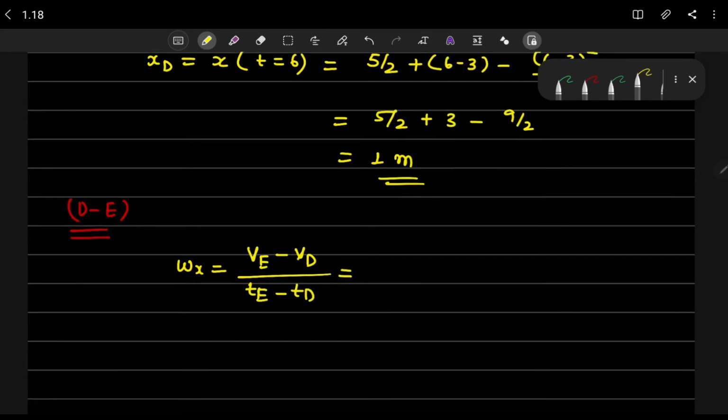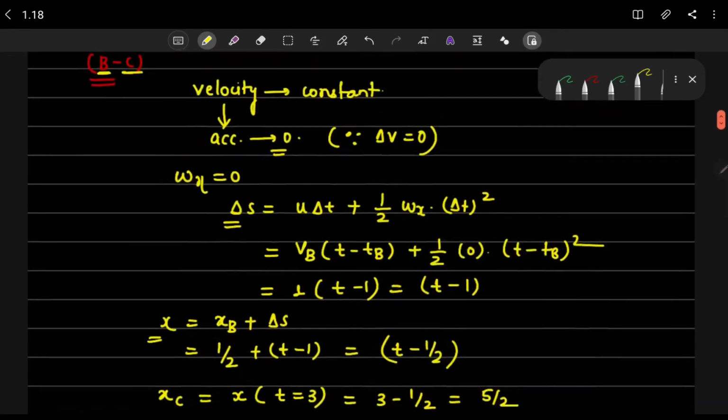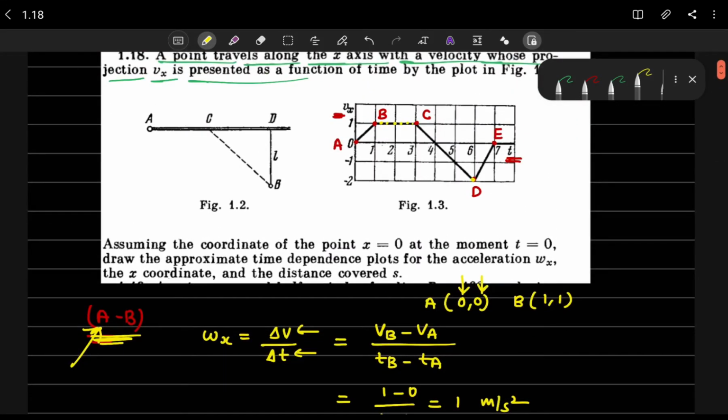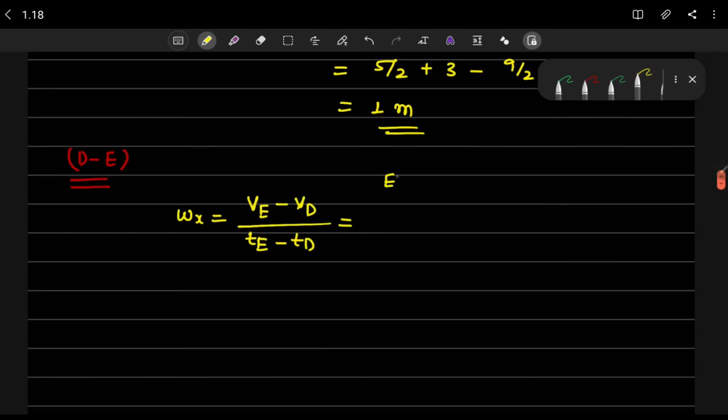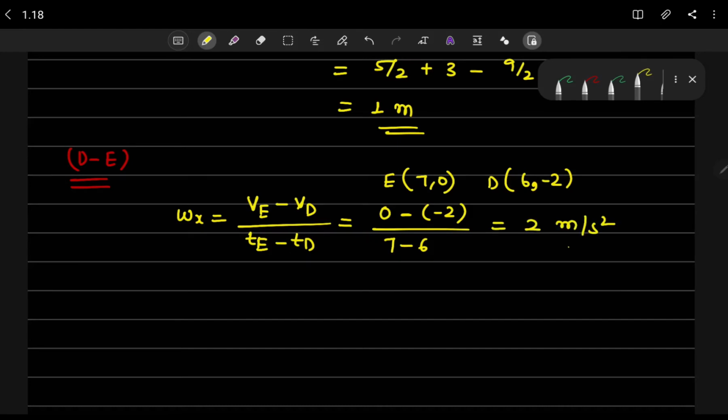The coordinate of point E is 7 comma 0 and of point D is 6 comma minus 2. So the velocity change is 0 minus of minus 2, whole divided by 7 minus 6, that is equal to 2 meter per second square.